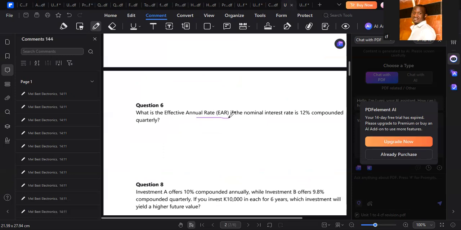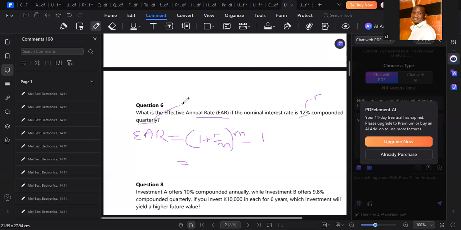So we go to effective annual rate. Who remembers the formula for effective annual rate? It is 1 plus R over M, to the power M, minus 1. We have our R at 12%.